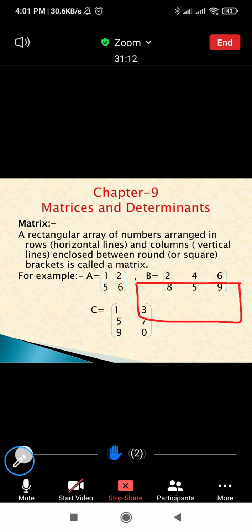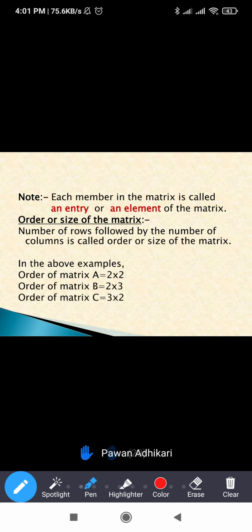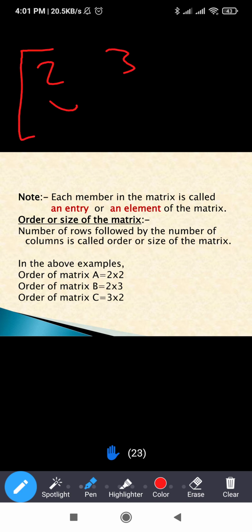Okay, let's go to our next topic. First of all, write down some notes. Note: each member in the matrix is called an entry. Suppose we have a matrix 2, 3, 4, 5.